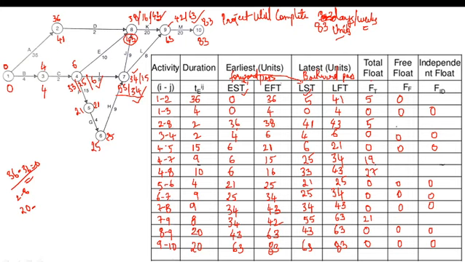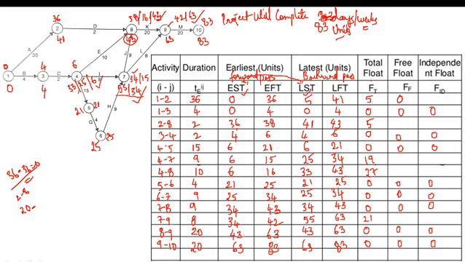Just wait for a second. We are considering 2 to 8, right? The succeeding activity of 2 to 8 is 8 to 9.